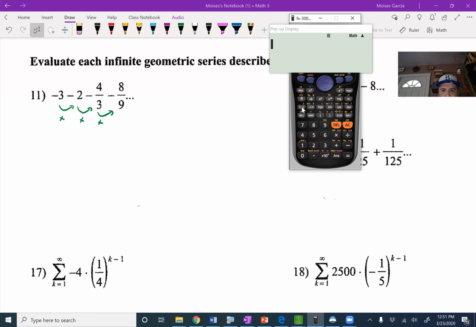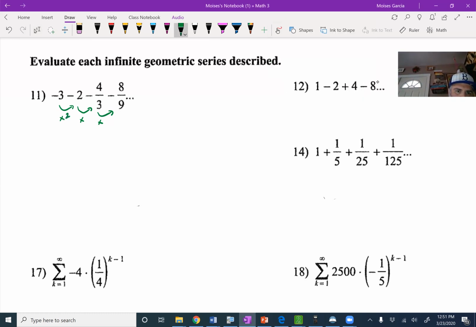So I went from -2 and I'm dividing that by -3, so multiply by 2/3. And I'm multiplying by 2/3, 2/3, 2/3. Now it's telling me it's going to go on like this forever, till infinity, till this number gets as close to 0 as possible. And it's going to keep decreasing in this way.